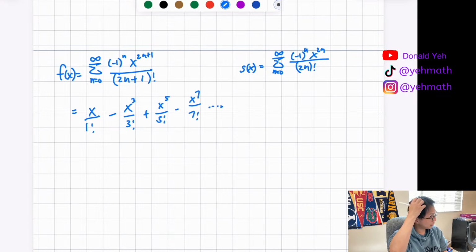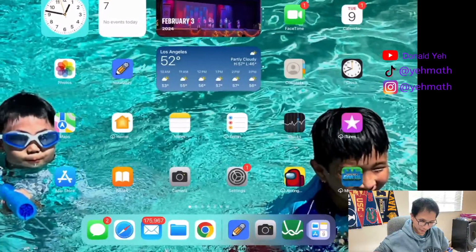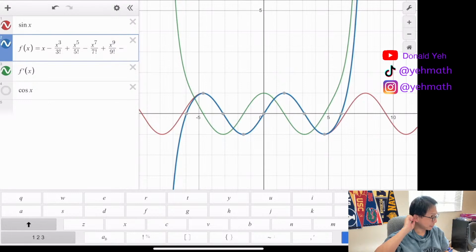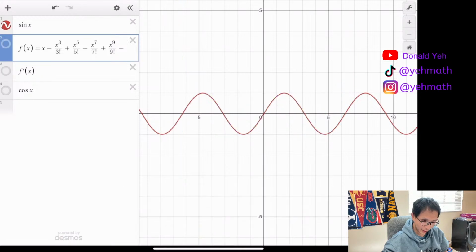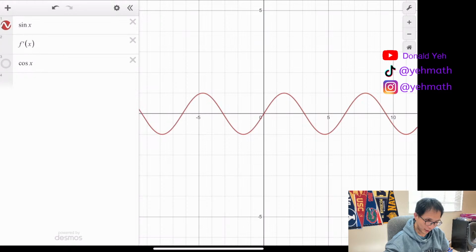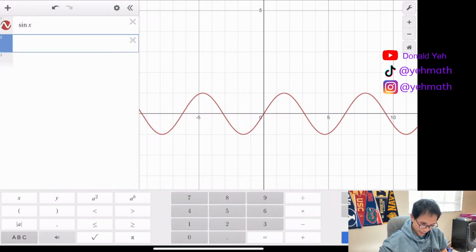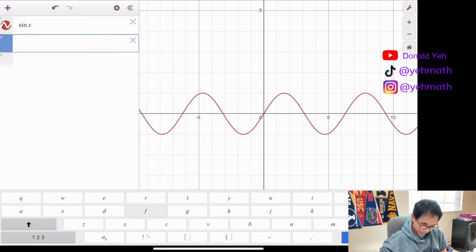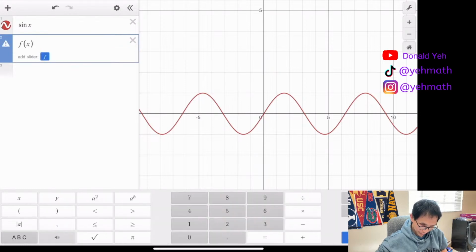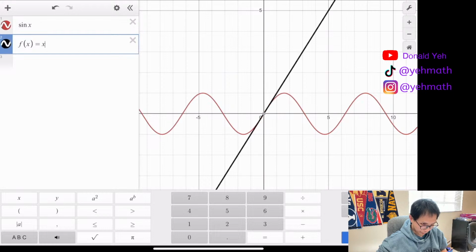And you have to understand this, because this is one of the things I need you to memorize. You have no homework today, but if you see this is a sine graph, and this is a sine graph, what I'm gonna do is say f of x is equal to, first term is x.